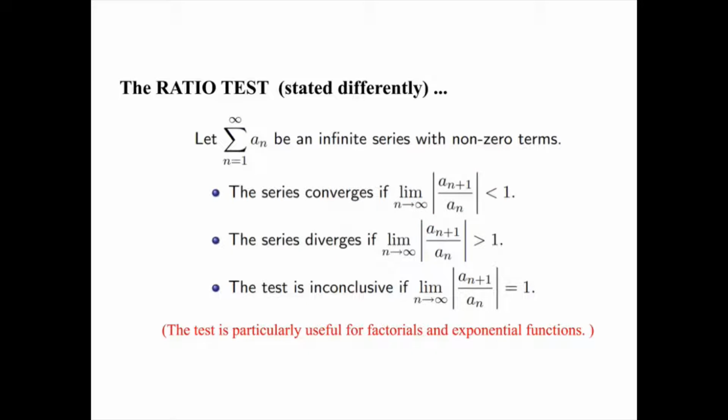Sometimes you'll see the ratio test stated like this. Instead of explicitly stating that a condition is that the terms of the series are positive, it will be stated that the limit as n approaches infinity of the absolute value of the ratio of the next term to the previous term. So that means the same thing.